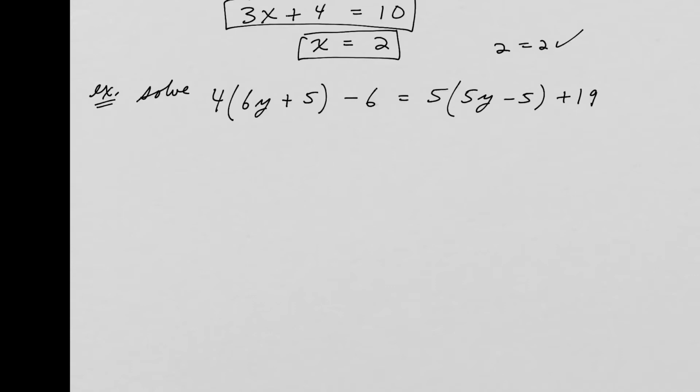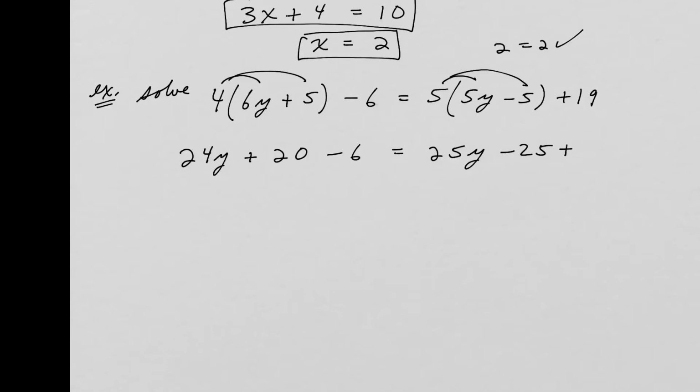So what's the first thing that we do? Well, we need to multiply the first factor in parentheses by the 4. So we need to distribute in the 4. And we also need to distribute in the 5. So if I do that, I'm going to get 24y plus 4 times 5, which is 20, minus 6 is equal to 25y minus 25 plus 19.